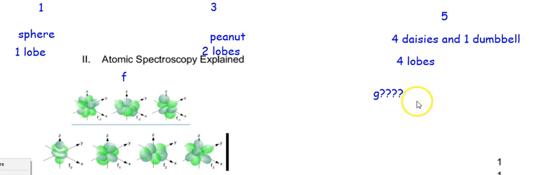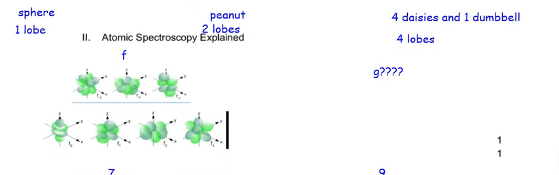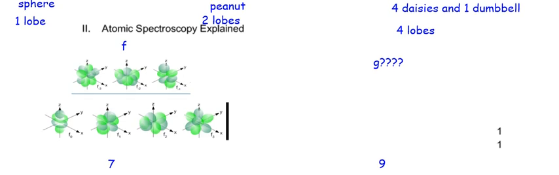What about g? How many g orbitals do you think we have? We have 1 s, 3 p, 5 d, 7 f. How many g's do you think we have? Hopefully you said there are 9. And what about their shapes? Well, I ran out of acronyms, maybe a geranium, I don't know, so I'm not going to come up with that.